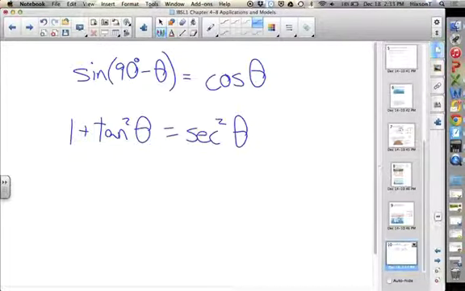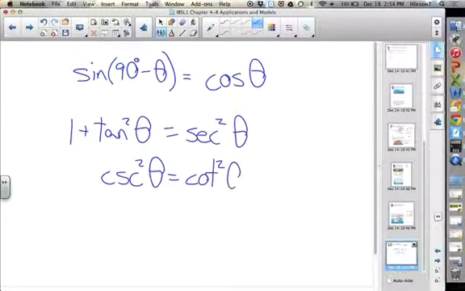Now, Edward mentioned cosecant squared. What does that equal? Cotangent squared plus 1. Now remember, both of those are derived from the other Pythagorean identity. Which one was that?